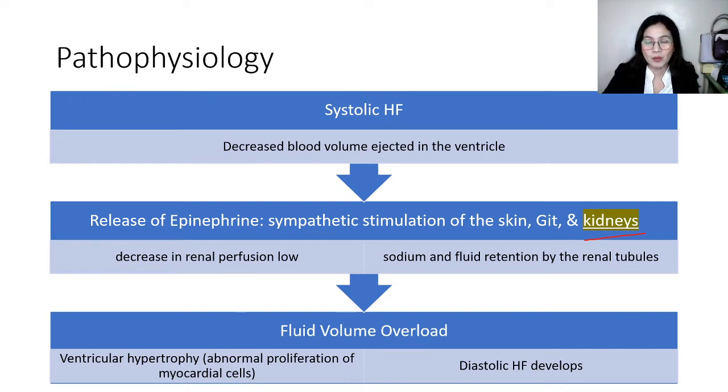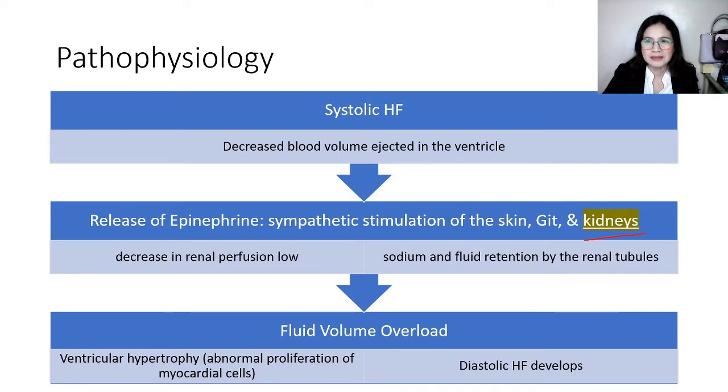This is now a potent vasoconstrictor, which then increases the blood pressure and afterload. Angiotensin 2 also stimulates the release of aldosterone from the adrenal cortex, which will result in sodium and fluid retention by the renal tubules.